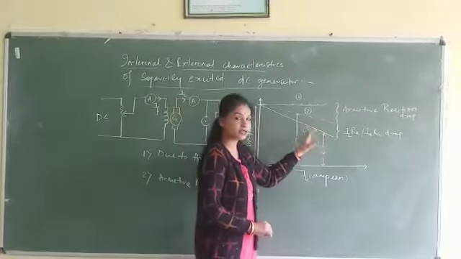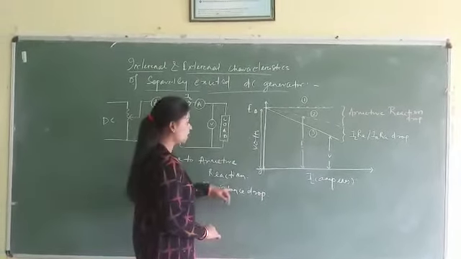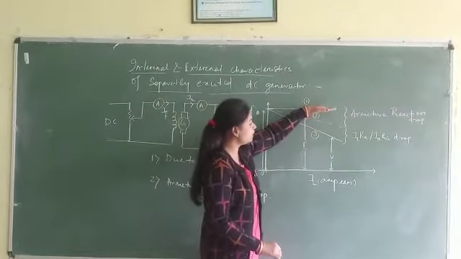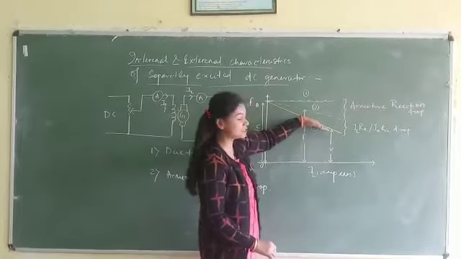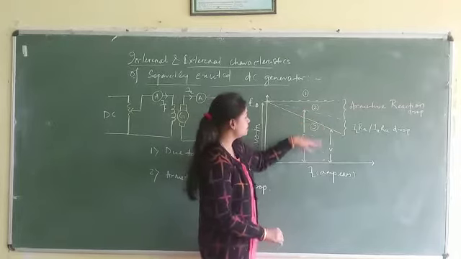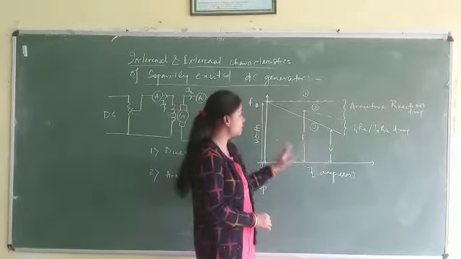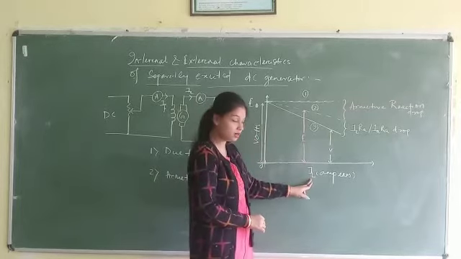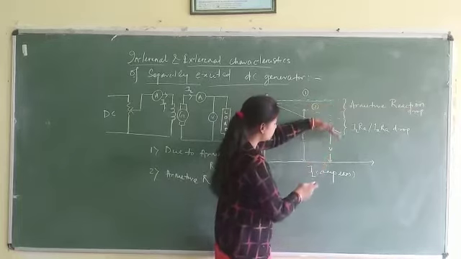The external characteristics is due to what? The armature reaction drop. Due to the armature reaction drop, the voltage will drop. Curve number 3 represents the external characteristics, between the terminal voltage and the load current or armature current, because here the armature current and the load current are the same. So this is a dropping characteristic.